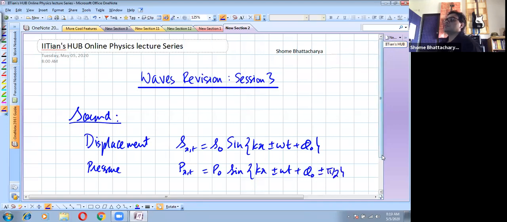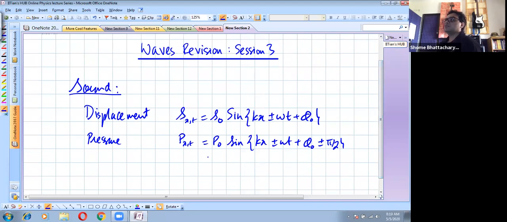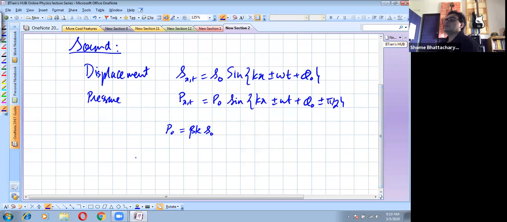It's this kind of an equation that we get, where the relationship between the pressure amplitude and displacement amplitude is given by this. The other symbols have usual meaning.